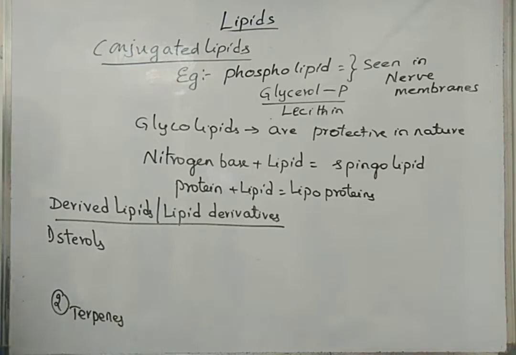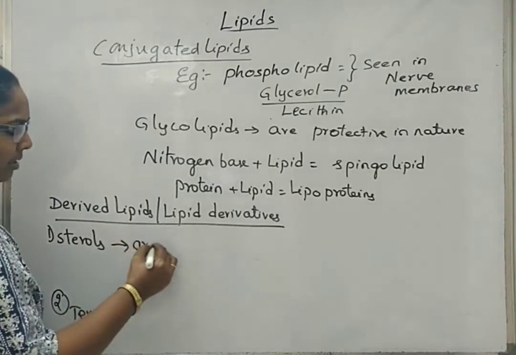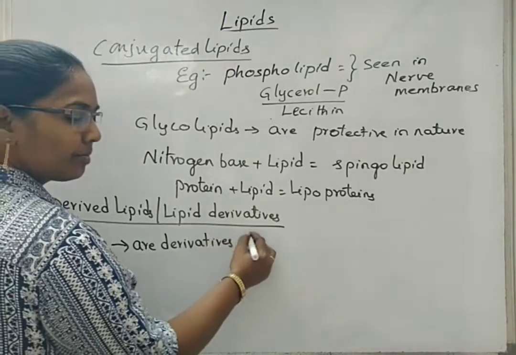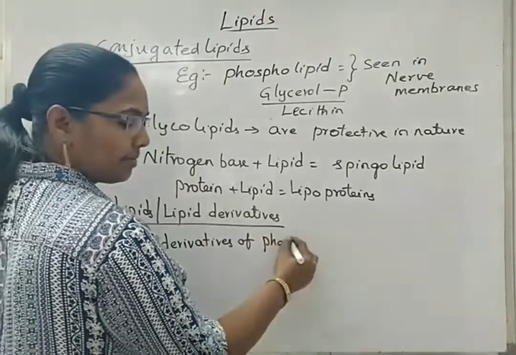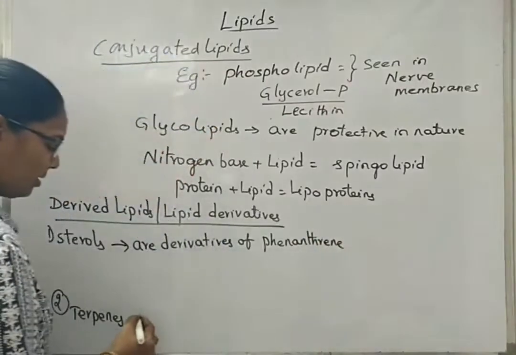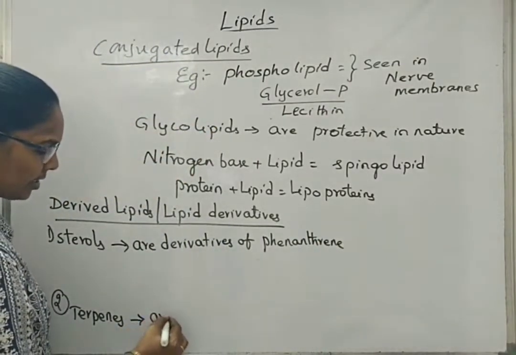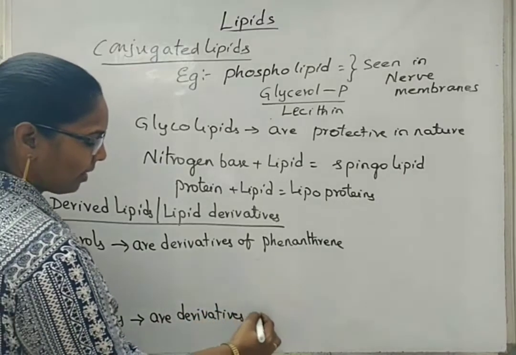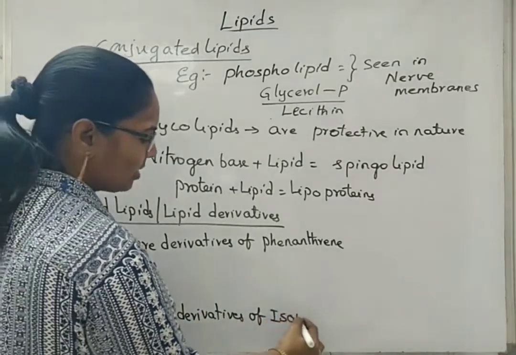Sterols are considered to be derivatives of a type of compound called phenanthrenes. Terpenes are considered to be derivatives of isoprenes.